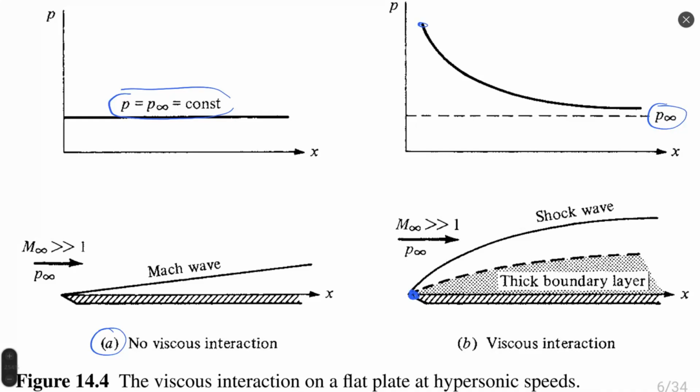Behavior A and behavior B can be seen in analytical and numerical approaches. Of course, in real life, we will only have viscous interaction, because in real life the boundary layer will always be present. But it's always our choice whether we calculate the boundary layer analytically or numerically.